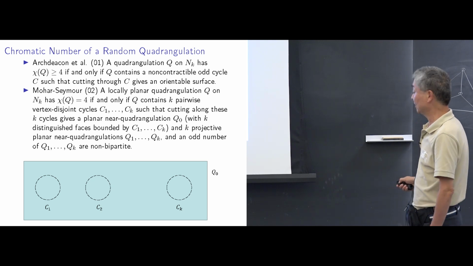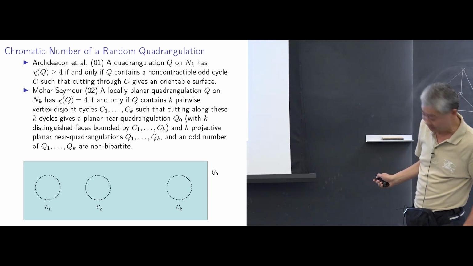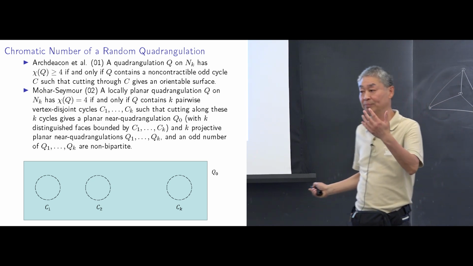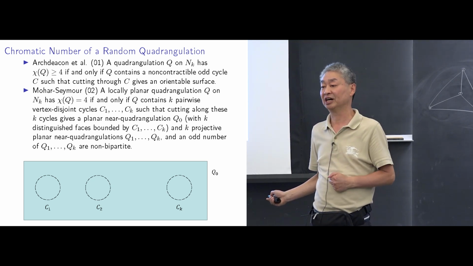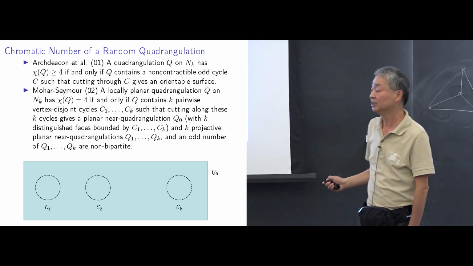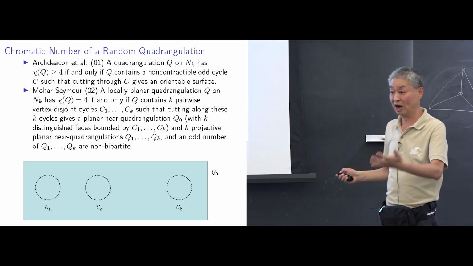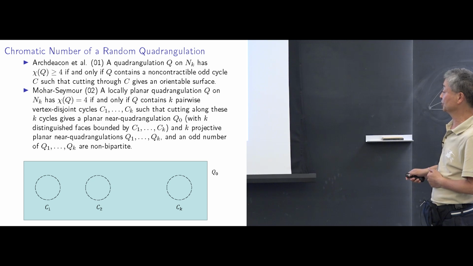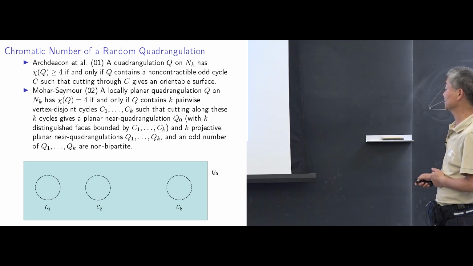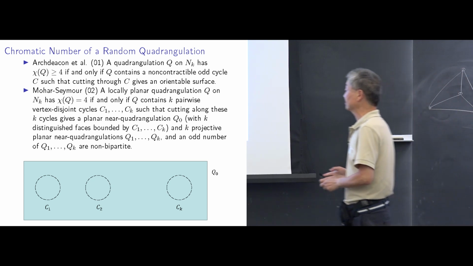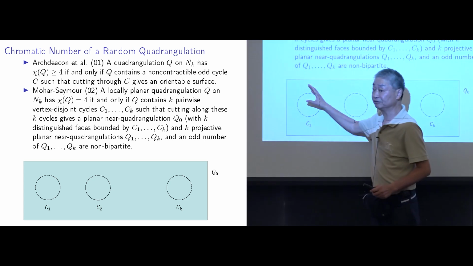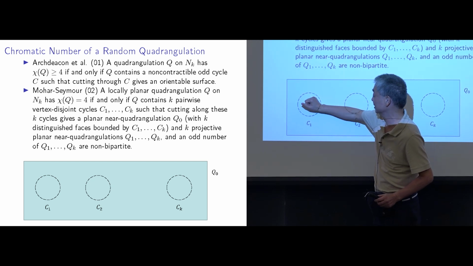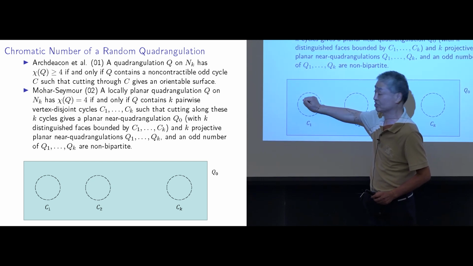You take a quadrangulation on N sub k, okay? Now, of course, we're talking about locally planar, so the face width is large enough, or the representativity is large enough. Then Robertson-Seymour's graph minor results imply that such a quadrangulation contains non-contractible cycles C1, C2, up to C sub k, such that if you cut these off, what is inside is a projective plane.